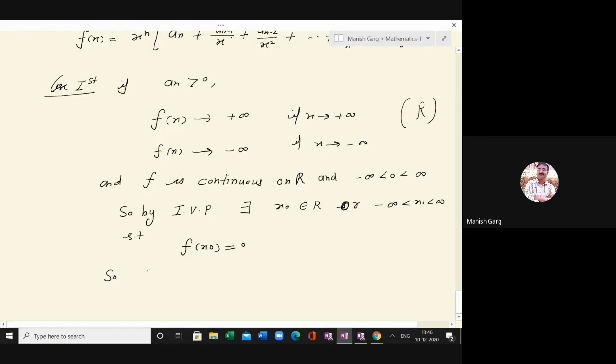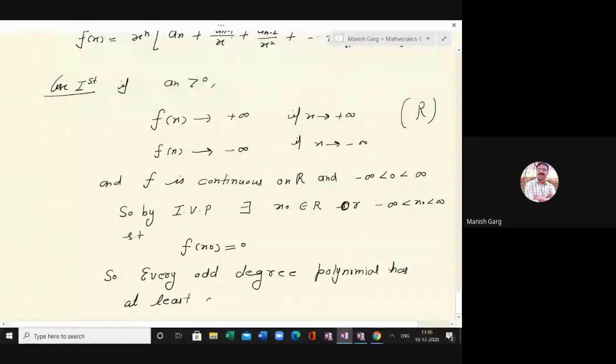So in this case every odd degree polynomial has one root, more than one I don't know, so you can write has at least one real root. So if a_n is greater than 0, this is over.